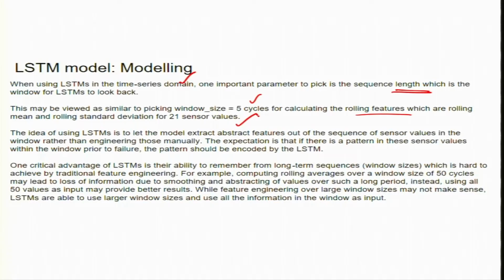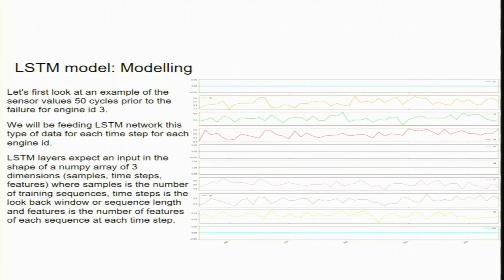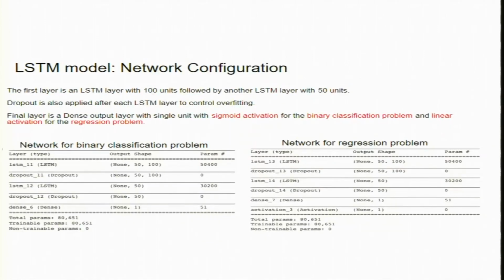The idea of using LSTM is to let the model extract abstract features out of the sequence of sensor data. Here you can see an example of sensor values 50 cycles prior to the failure of the engine, and while feeding this LSTM network, this type of data for each time step and engine ID is shown.